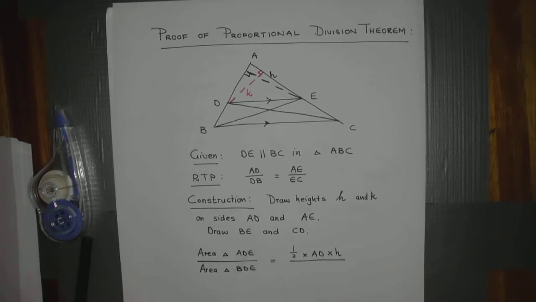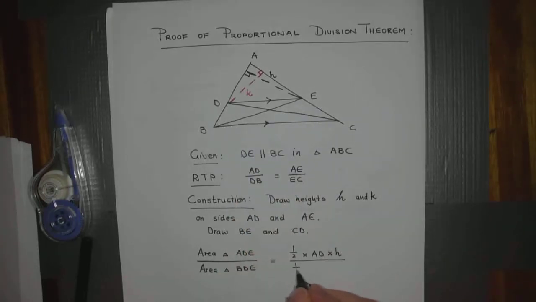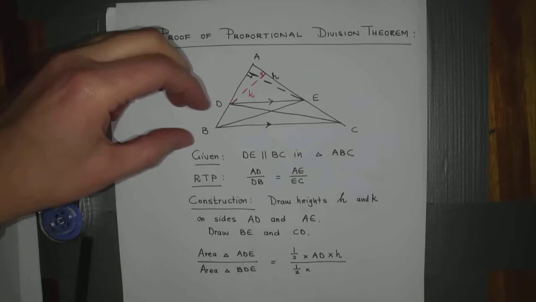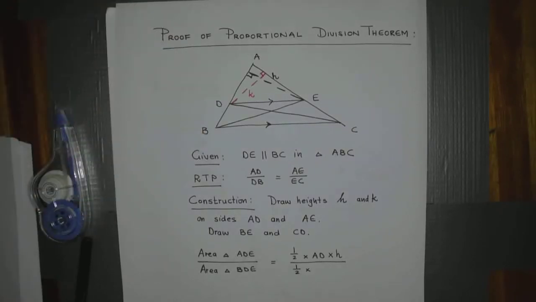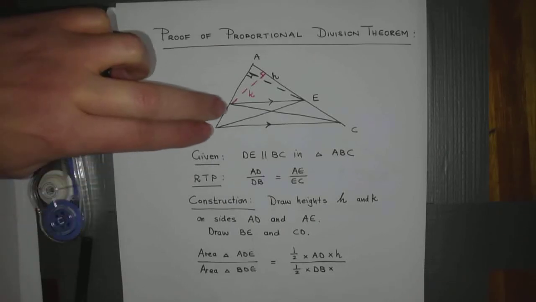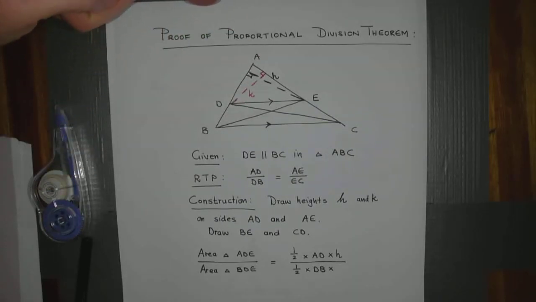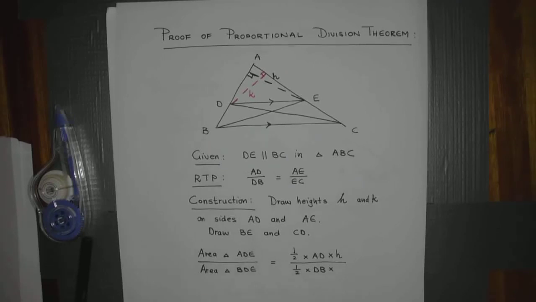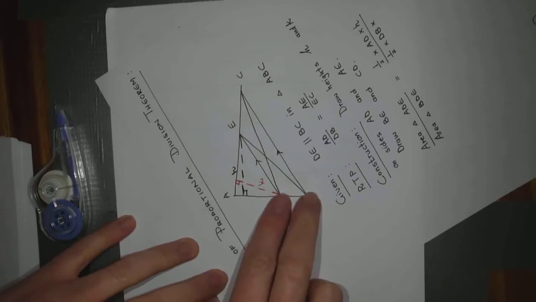Now let's look at triangle BDE here at the bottom. The base for that triangle, do you guys agree, is BD or DB? What is the height for that triangle? H. Can you see that? I'll turn it sideways so you can see it. Look, this triangle right there, the base is over here.